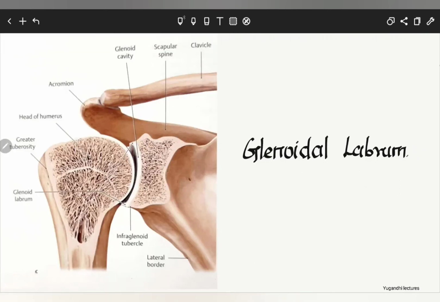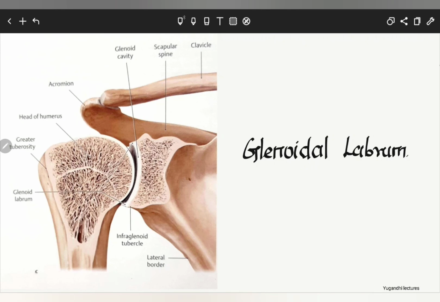The next ligament is the glenoidal labrum. Why so? It is also included under the ligaments. So first of all, we must know the definition of a ligament. It is just a supporting structure which stabilizes the joint, right? Ligaments are nothing but supporting structures which stabilize the joint.